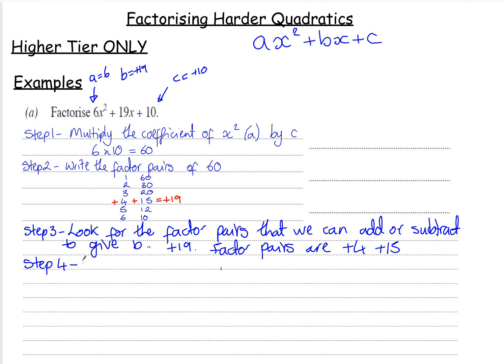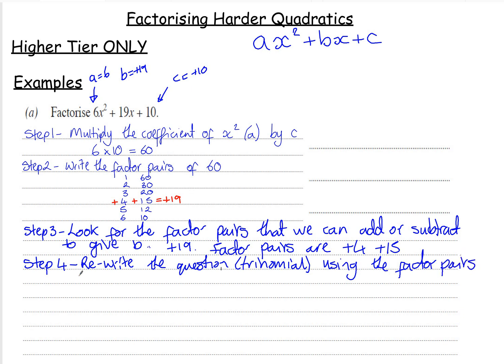What we now do, step 4, is we rewrite the question, the trinomial or quadratic, using the factor pairs to replace the b. This will make a lot more sense when I actually write it out.